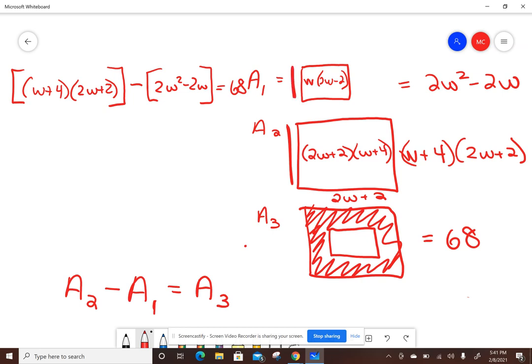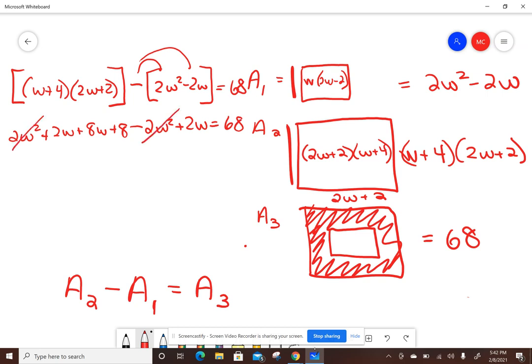So now I have to FOIL this, and I get 2W squared plus 2W plus 8W plus 8. And this I have to distribute the negative, minus 2W squared plus 2W equals 68.